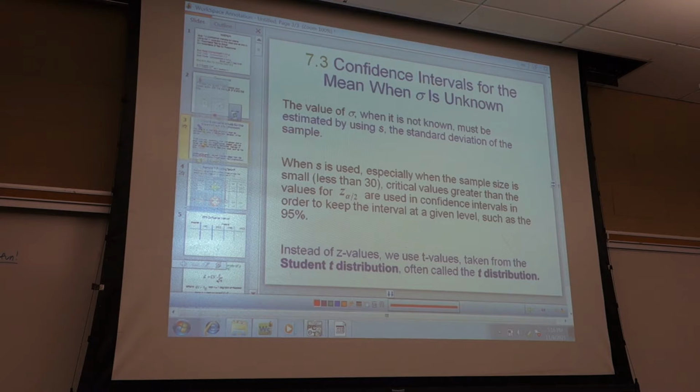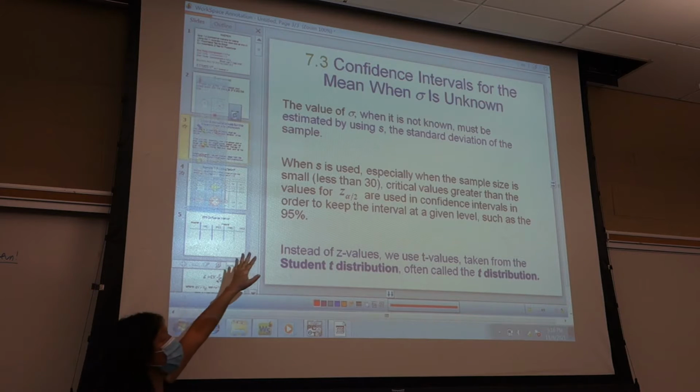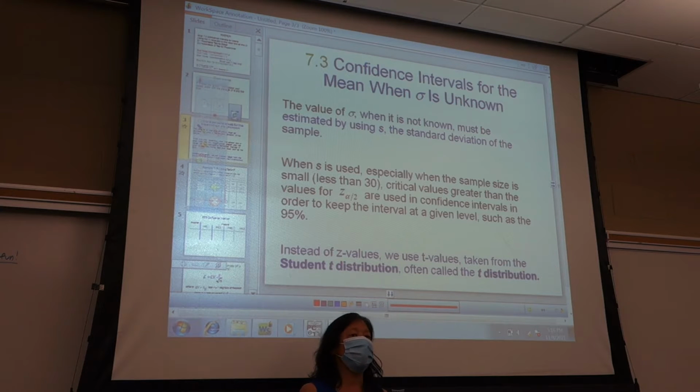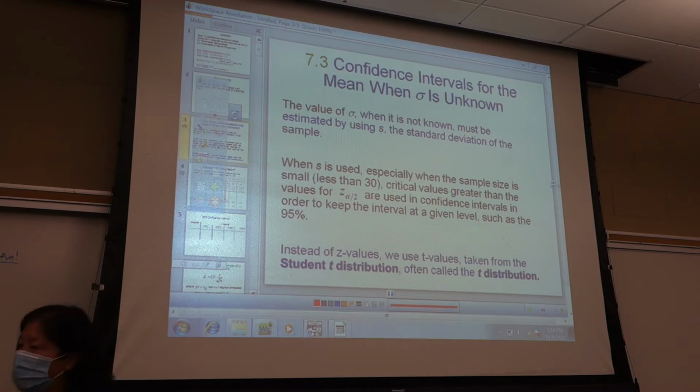So if we don't know what mu is, we're trying to estimate it, then we're not going to know sigma either. So instead of using sigma, our population standard deviation, what's our best guess for what to use instead? Our standard deviation from the sample. Does that make sense, folks?